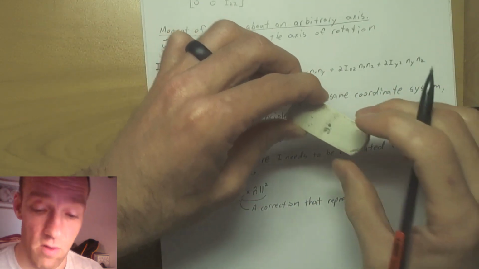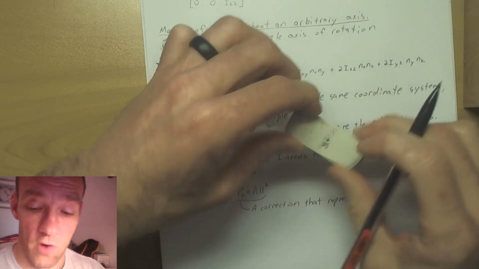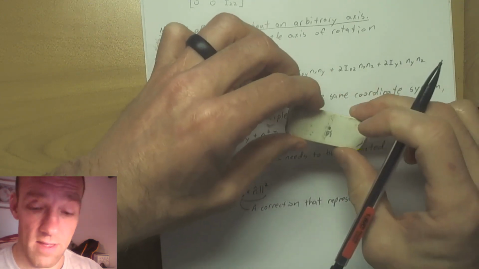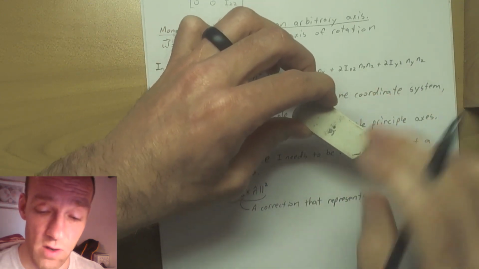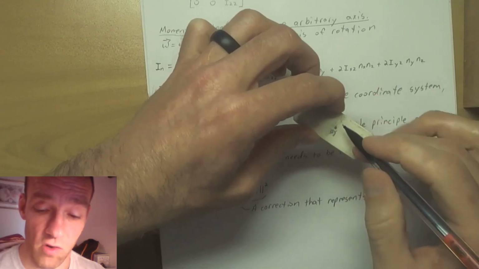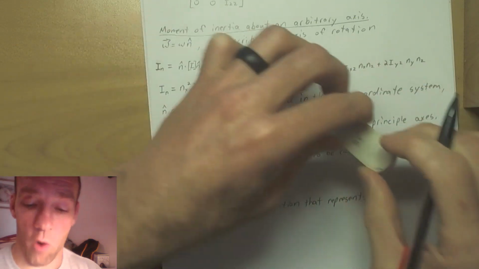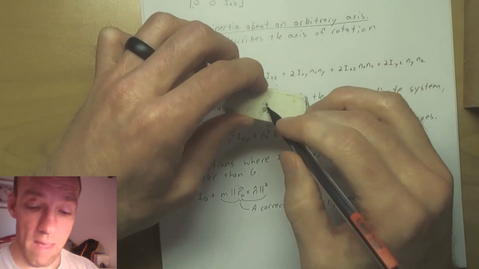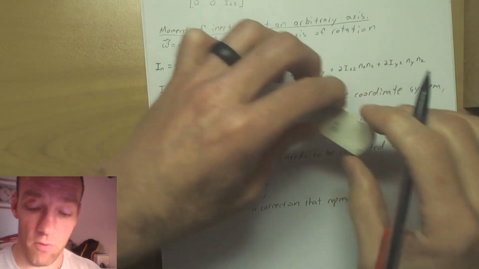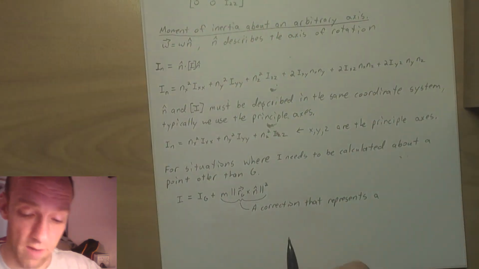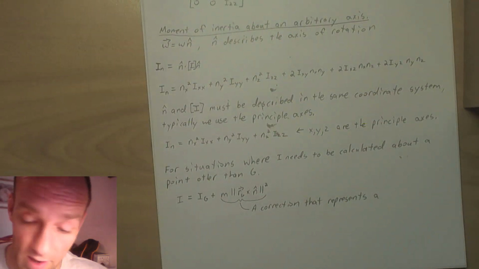You follow what I'm saying? I have the moment of inertia due to the actual distribution of mass, and then I have to correct it because I moved it, and the correction is the same as if I concentrated this mass at G, and now I move that particle with the mass concentrated at G about the new origin that I need to calculate about.